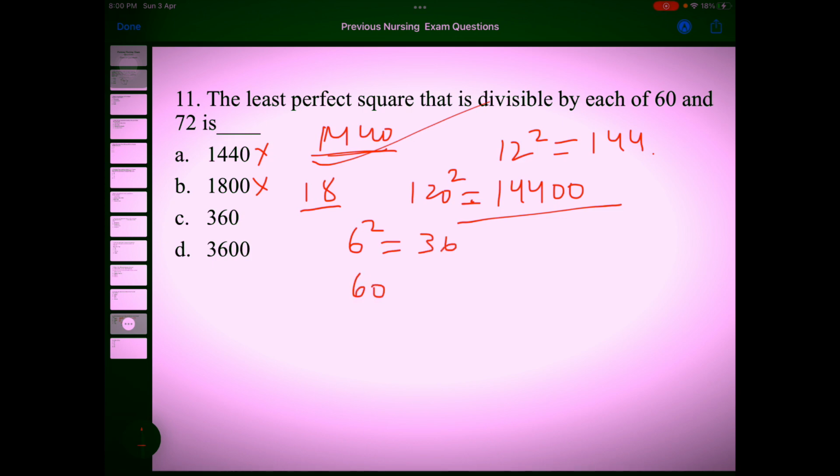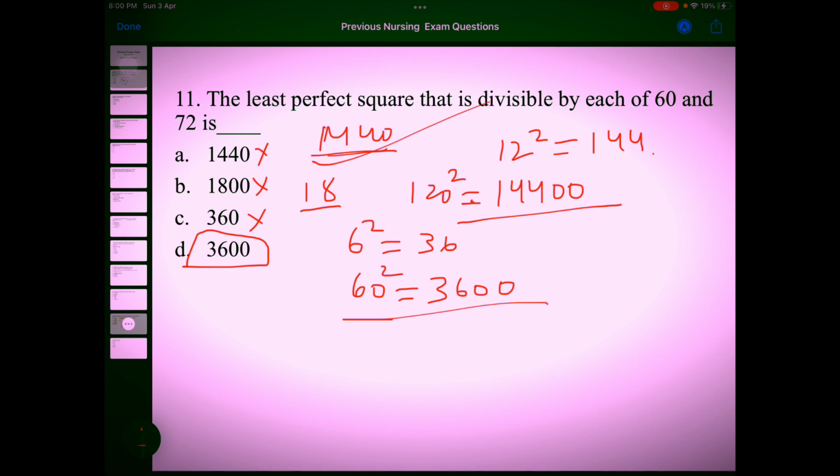If we find the square of 60, it will be 3600. So this one is not a square number. Now we see that 60 squared is equal to 3600, so this number is the square number.